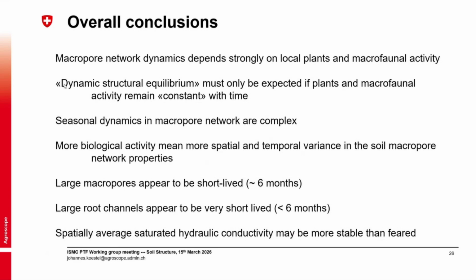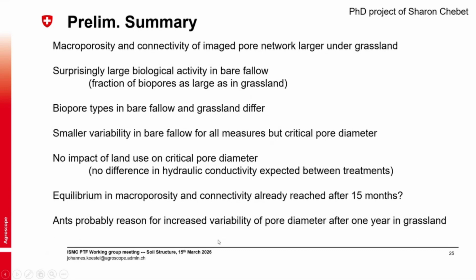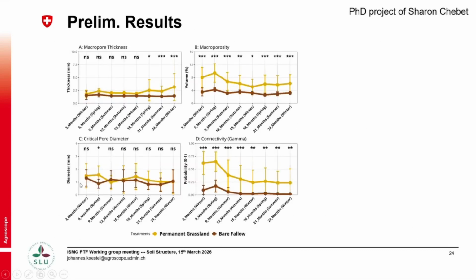Yeah, you have more biological activity, you have more spatial and temporal variance in the macropore network. But, sorry to jump over these two points here, if you especially average the critical pore diameter here, it doesn't look so bad, does it? It seems it stays relatively constant.